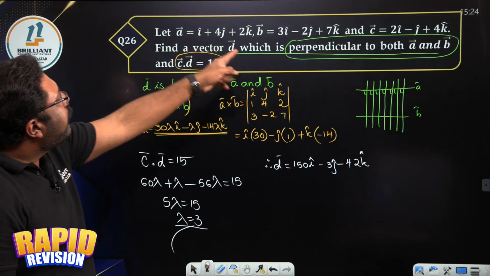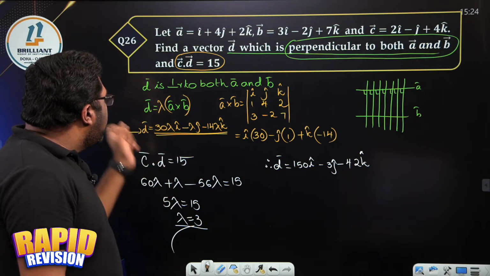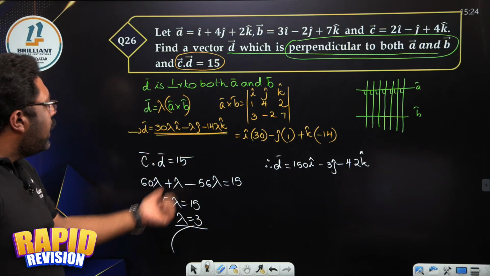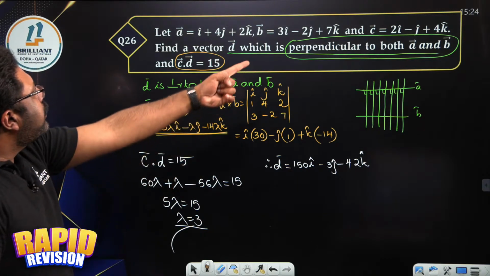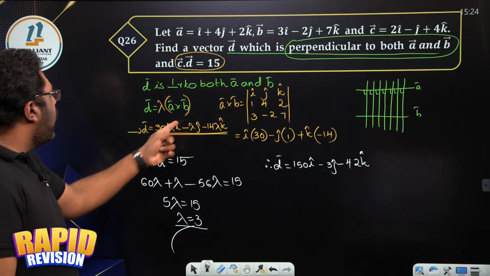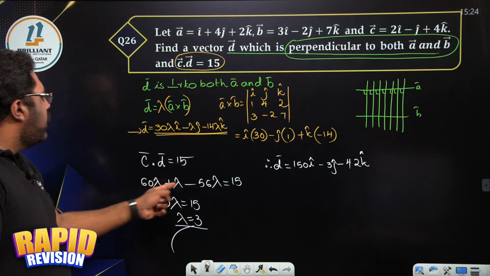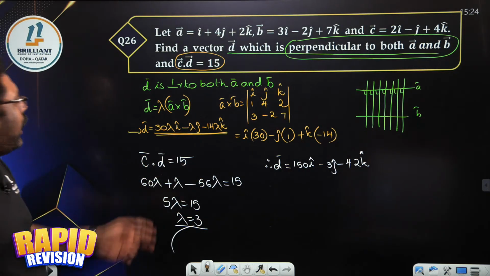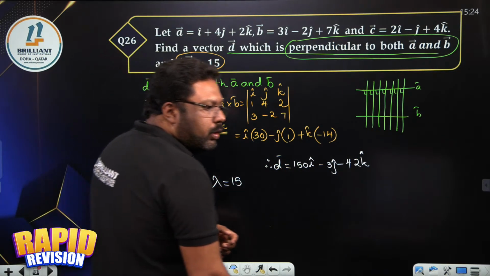So I have two vectors A and B whose cross product with lambda gives me the D vector, and then dot product with C gives me 15, right? So I just use C dot D. So 2 into 30, which is 60 lambda, minus 1 into minus lambda, plus lambda, 4 into minus 14. So 61 minus 56 is 5 lambda is equal to 15. So lambda equal to 3. Substitute that in D.